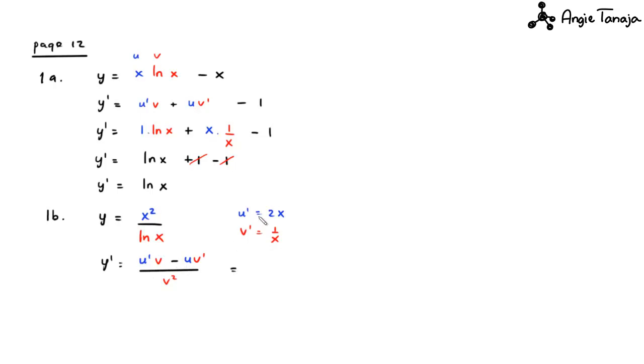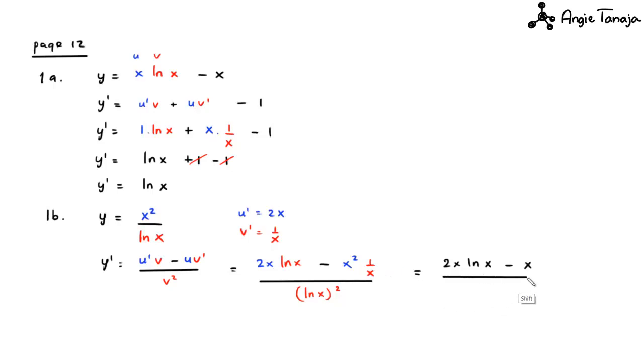So then it becomes u prime v minus u v prime over ln x squared. So then this will be just 2x ln x minus x over ln square x.